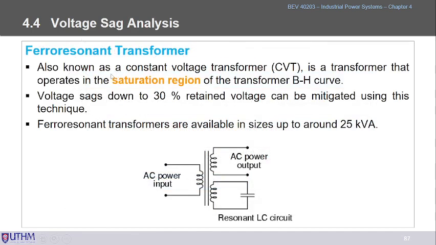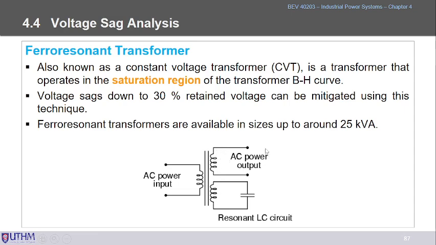And the ferro-resonant, as you can see here, can handle voltage sag down to 30%. It can retain the voltage to mitigate using this technique. If it's more than this percentage, it is not encouraged to use the ferro-resonant transformer. Okay, so as you can see here, the primary part has one winding, but at the secondary part you have two windings.